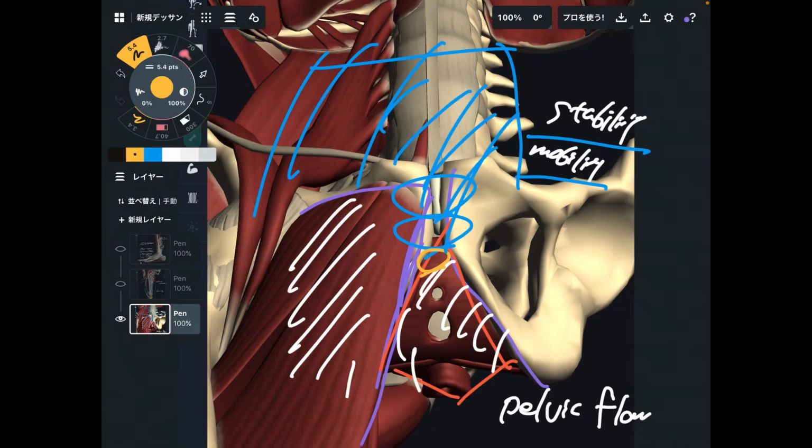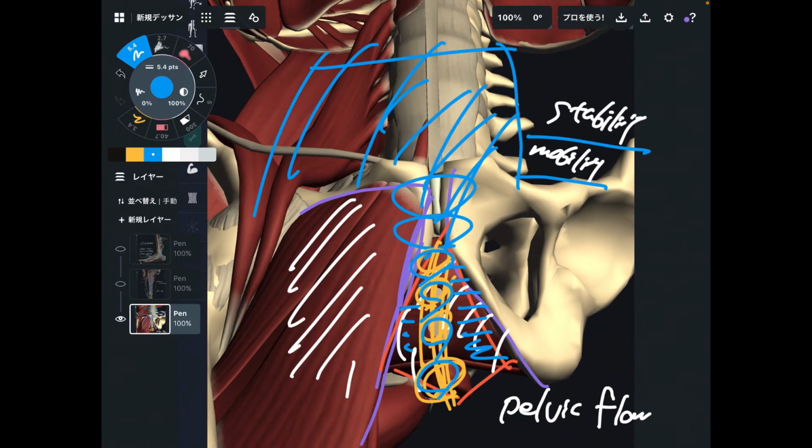What do I mean by mobility? Well, around pelvic floor is like an exit of digestive system and urogenital system, right? Rectum is about here and urethra is around here. This is exit of things, right? So, mobility in terms of pelvic floor, this muscle controls digestive system and urogenital function.